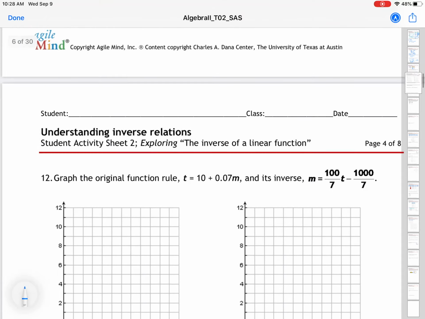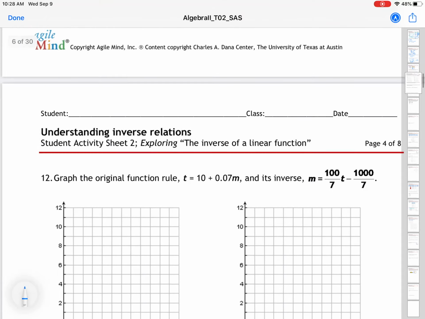I tricked you yesterday, and y'all thought x plus 10 was 10x, but really, it's just x plus 10 equals 5y. I divide by 5, so I can have x plus 10 divided by 5 equals y. Or I can say 1 over 5 x plus 2 equals y. Either one is correct. This is the simplified version.